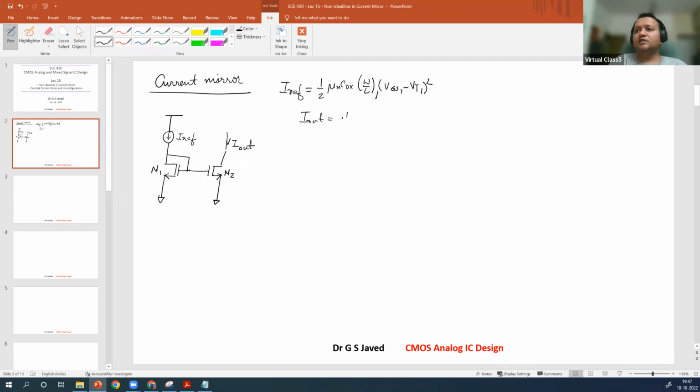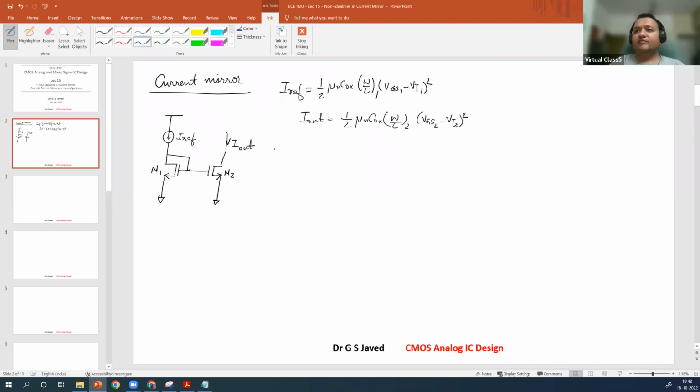I out current equation is half mu n Cox W over L 2 VGS2 minus VT2 the whole square. Now what will happen is, here are the ideal expressions. Now from there on comes your challenges.